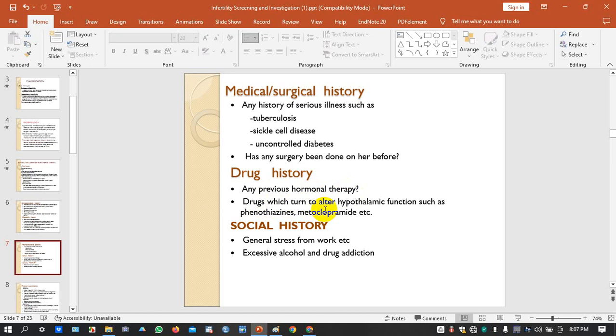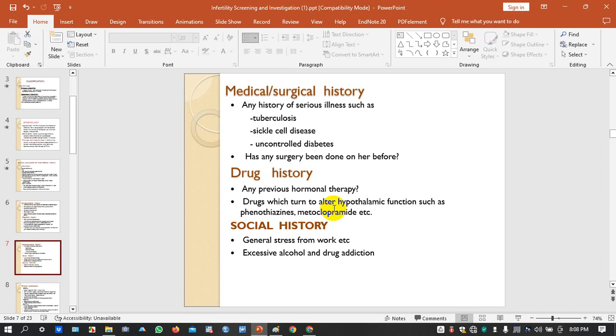Drugs which tend to alter hypothalamic functions, such as phenothiazines and metoclopramide. These are all drugs which affect the functions of the hypothalamus. If hypothalamic function is affected, it will not be able to produce gonadotropin releasing hormone, which acts on the anterior pituitary to release follicle stimulating hormone and luteinizing hormone.